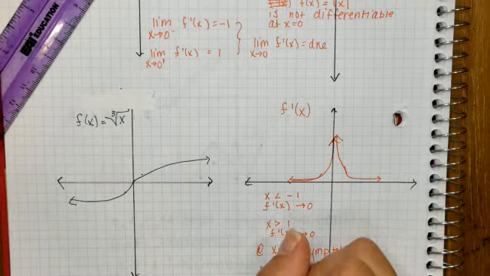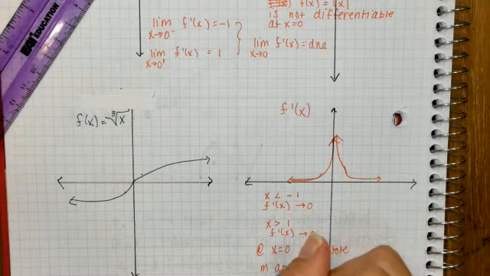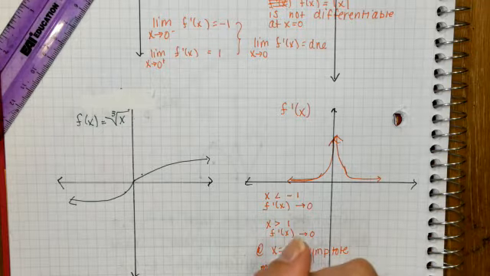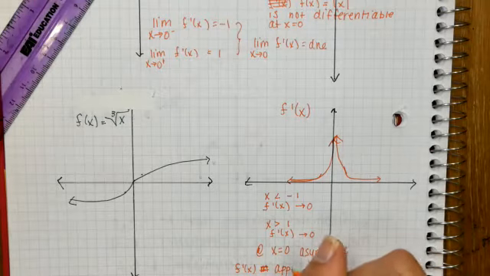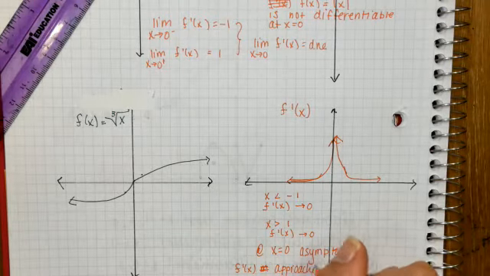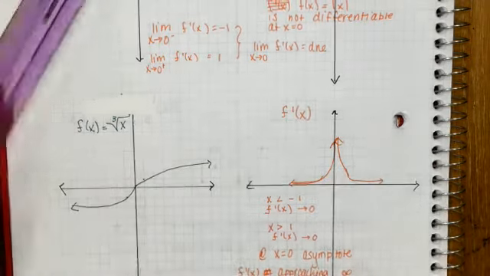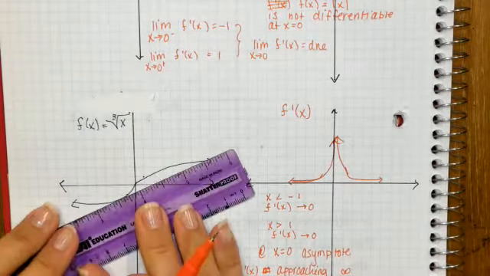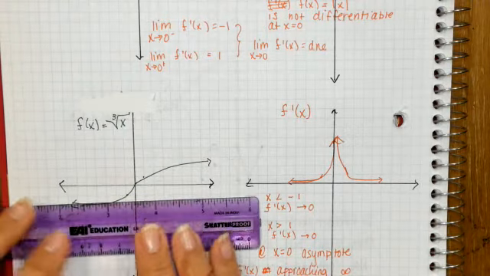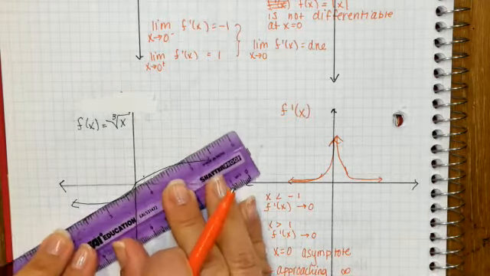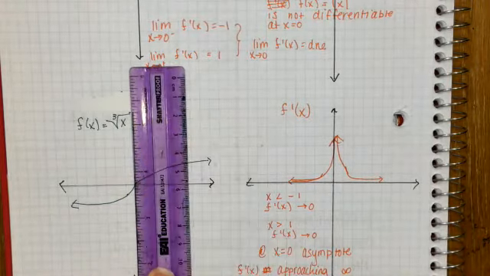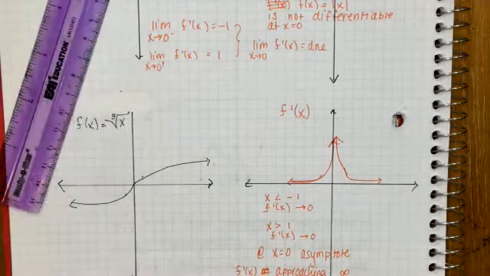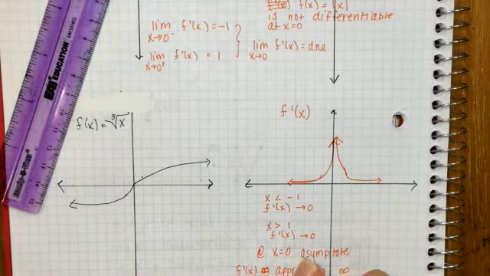The slope is approaching, how about we say f prime of x is approaching infinity. And if you look at our curve, the cube root of x, we're approaching a vertical tangent. So that's what's happening at the origin. You are approaching a vertical tangent.